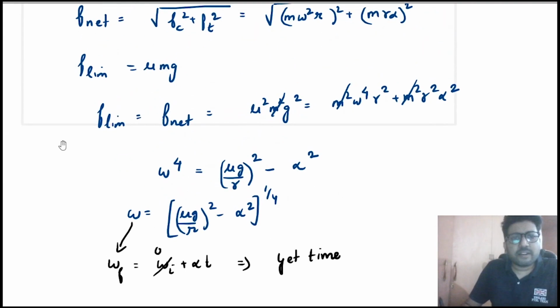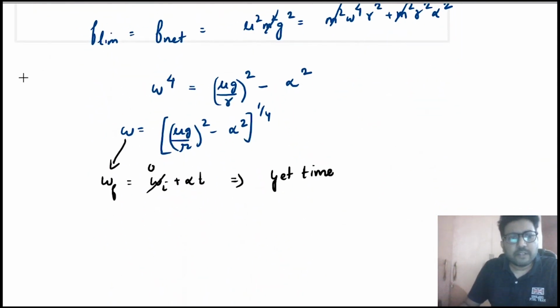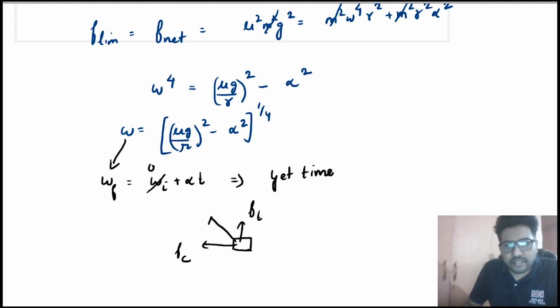The second part of the question is find the angle made by the friction force with the velocity at the point of slipping. So suppose this is the point of slipping and it has reached an angular velocity omega final or omega. You know that this is the centripetal force and this is the tangential force and the resultant friction is in this direction. So this is the resultant friction and the velocity is obviously along the tangential force because the velocity is along the tangent.